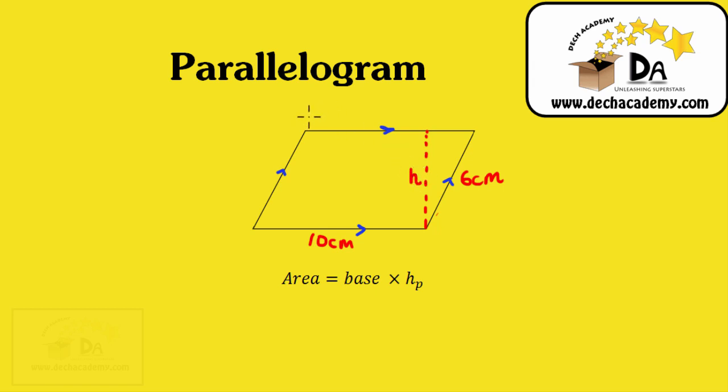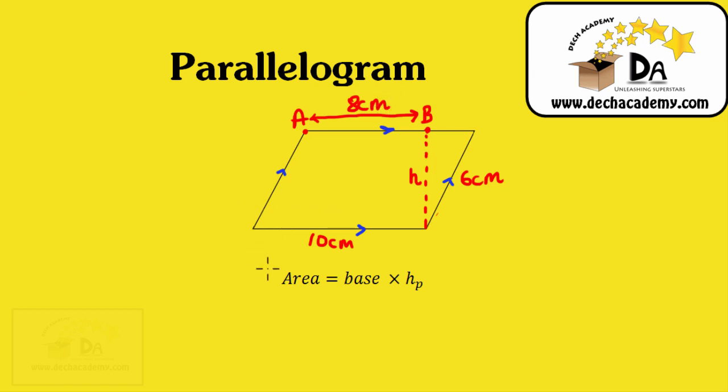And let's call this point A, and this point here point B. Let's say AB has a length of, let's say, 8 centimeters.